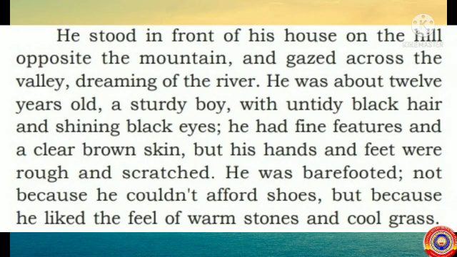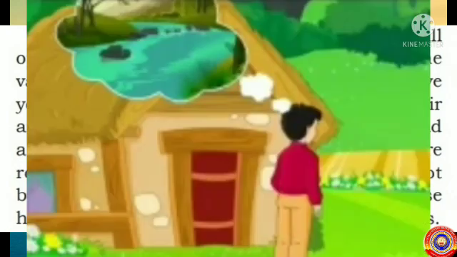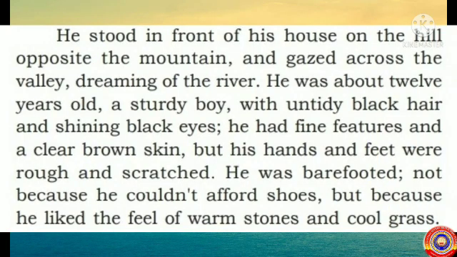Now I'll give you the explanation of this paragraph. All of you listen attentively. The boy stood in front of his house and dreamt of the river. Now, the appearance of the young boy is given here. He was a strong boy of about 12 years, with black hair and shining eyes.